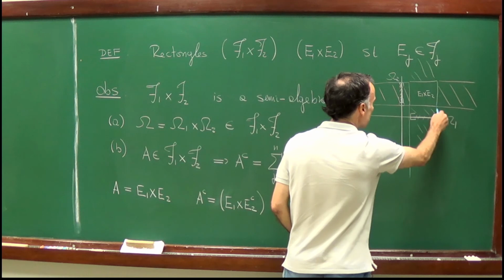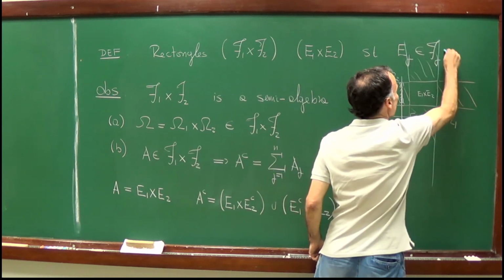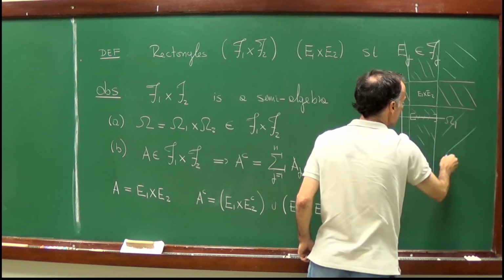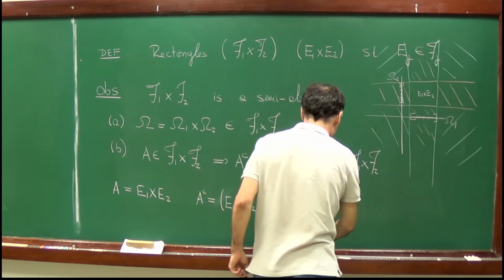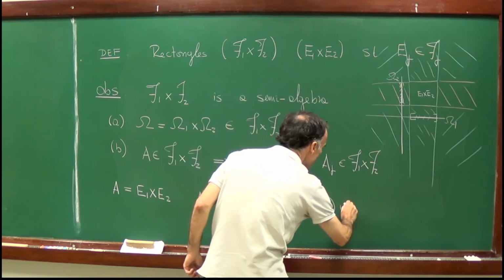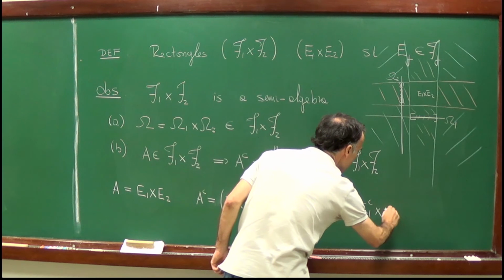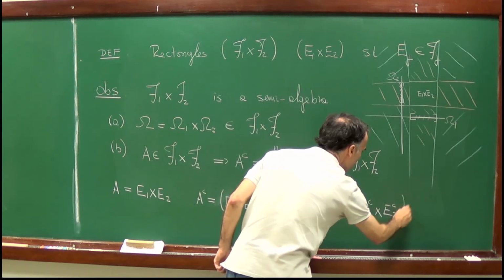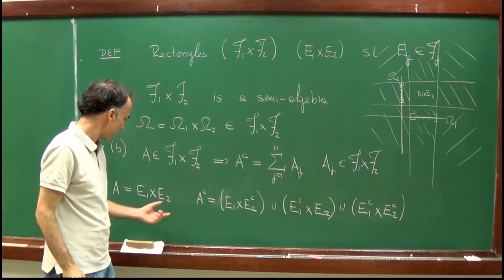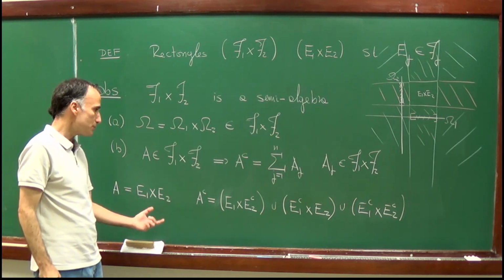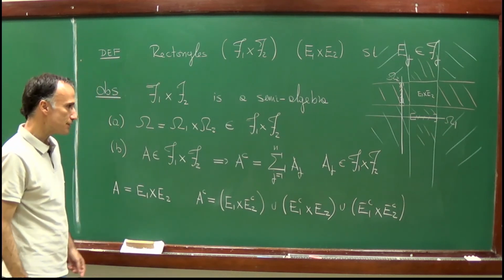So this is a third set which is formed by these three pieces here. And these three pieces are exactly E1 complement times E2 complement. Okay? So I leave it to you to check that indeed the complement of E1 times E2 is given by the union of these three sets.